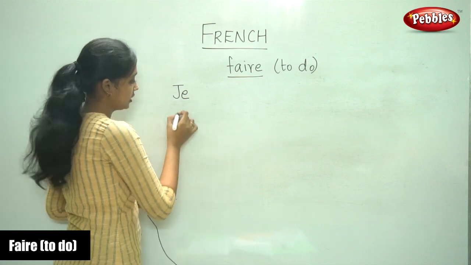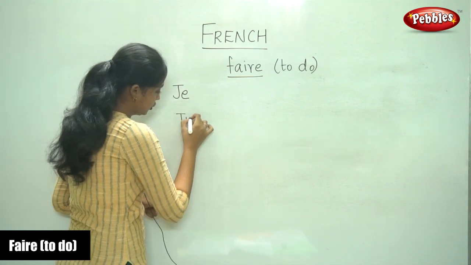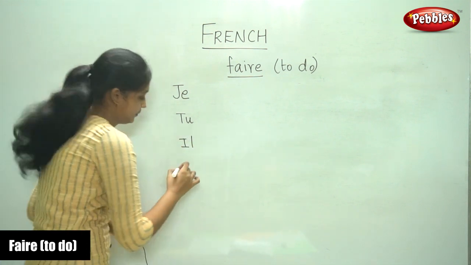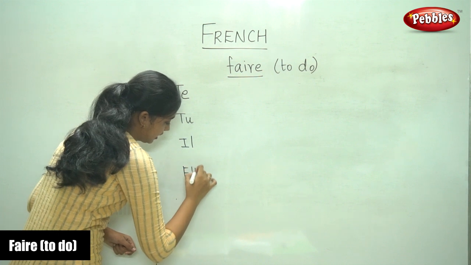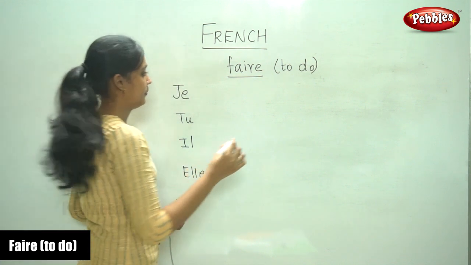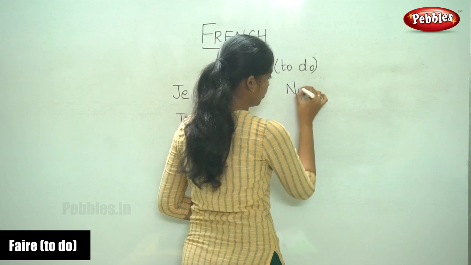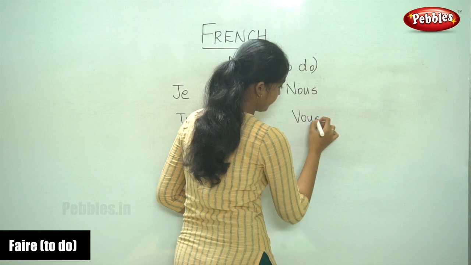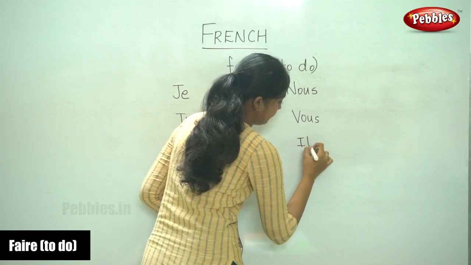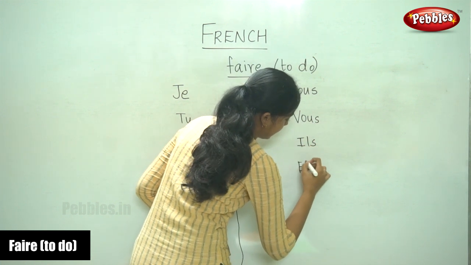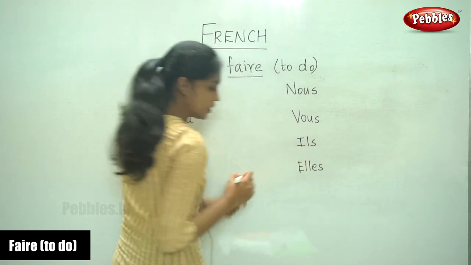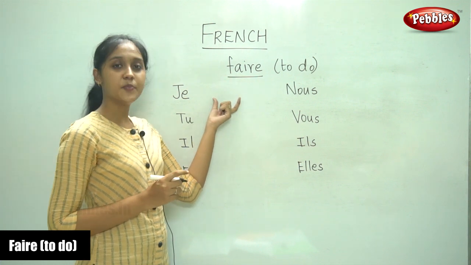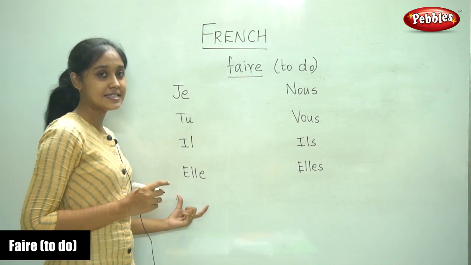Je, tu, il, elle, nous, vous, ils, and elles. So now we are going to conjugate the verb faire in the present tense for these subjects.